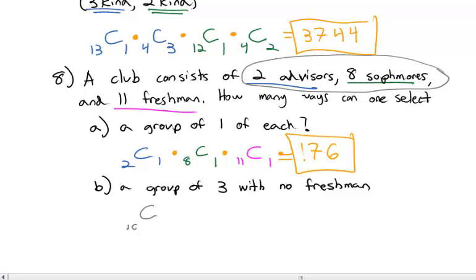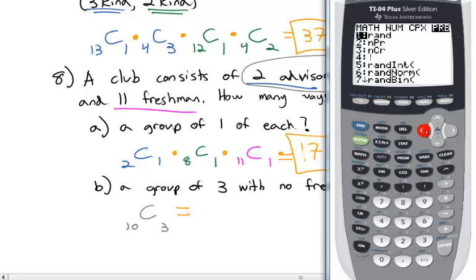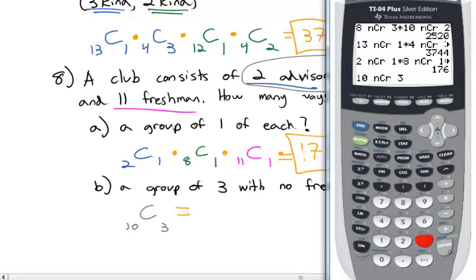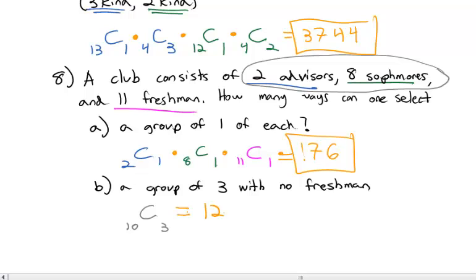There's a total of 10 to choose from, and we're going to select 3 of them. So, doesn't matter how they overlap or how it works. So we've got 10 math over to probability, NCR, we're going to do 10 choose 3. There are 120 different groups that have 3 people in it with no freshmen.